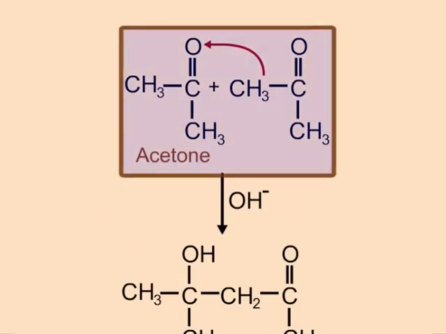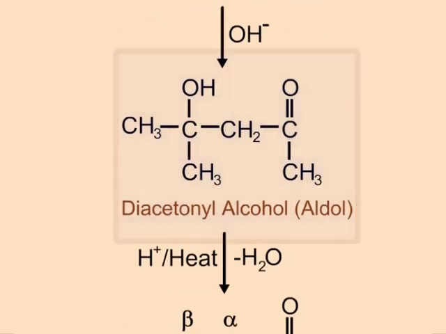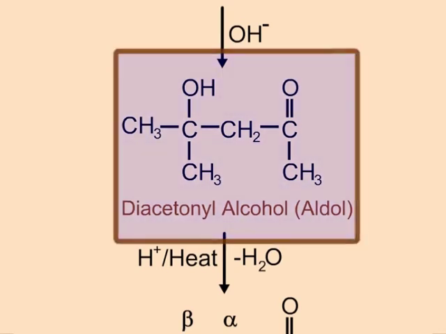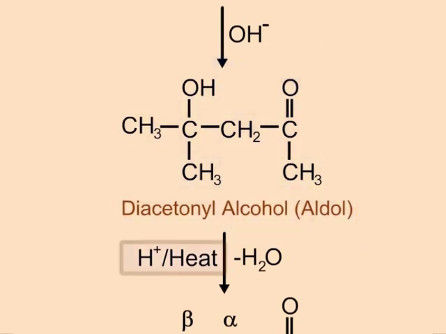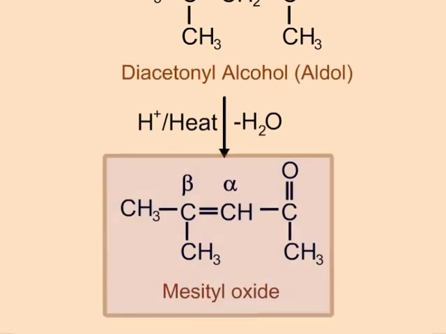Acetone condenses with another molecule of acetone in basic medium to form diacetone alcohol, that is, aldol, which on heating in the presence of acid loses a water molecule to form mesityl oxide.